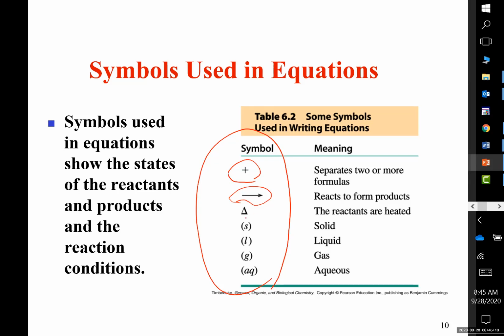So we use delta. And delta, you're familiar. If I say delta T, you know it's change of temperature, right? So we use delta for change of temperature. That means this reaction is only going to happen in presence of heat.